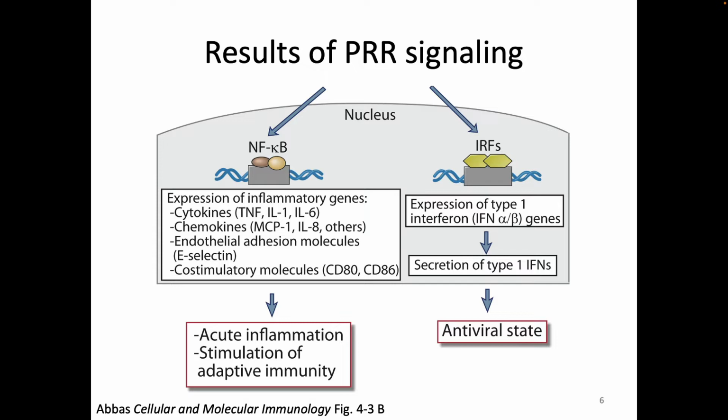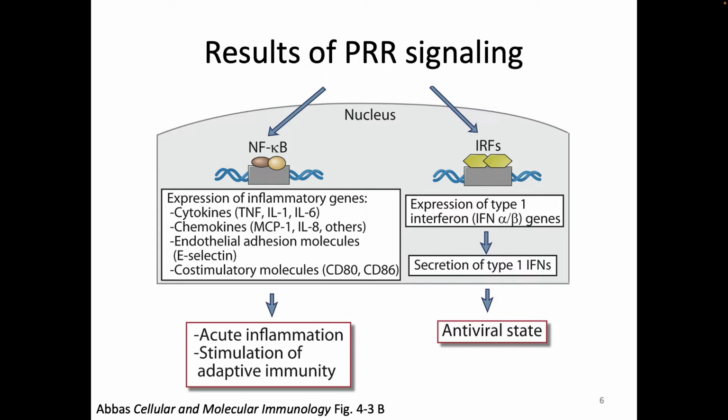So one option downstream of PRRs is that we can turn on this transcription factor, NF-kappa B. When NF-kappa B is turned on, it allows for the transcription of cytokines like TNF, IL-1 beta, IL-6, chemokines, and some other important proteins that we'll hear about later in the semester. And in fact, it will allow us to make that antibacterial response. So NF-kappa B basically is this transcription factor that's controlling this side of the response.